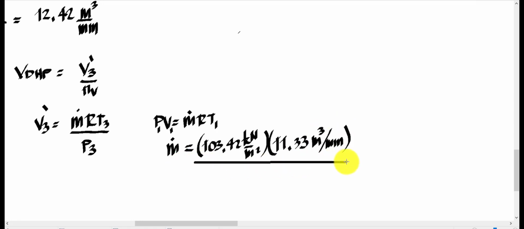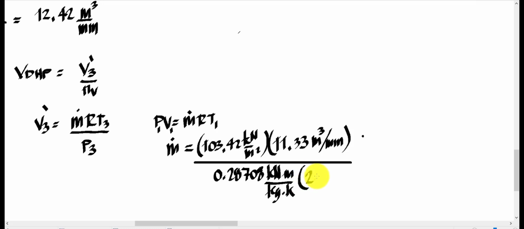Then I'm gonna divide the whole equation by your R and T1. So our R will be 0.28708 kilonewton meter per kilogram Kelvin.